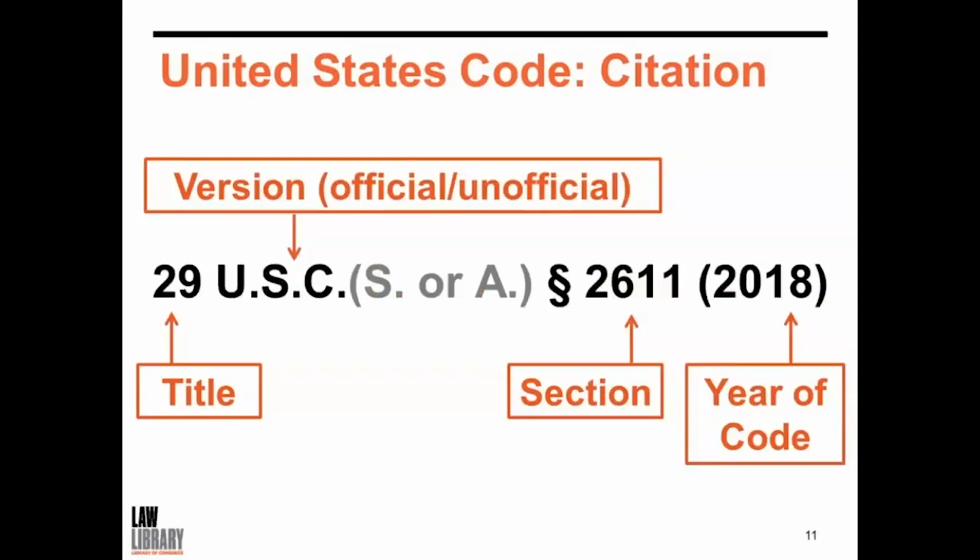Okay, we talk a little bit in this class about citations, just to make sure that you're all familiar with what you might be looking for if you ever see this in the real world. So this slide shows you what a citation to the U.S. Code looks like. Lawyers use a legal citation style guide that's called the Bluebook. The whole title is The Bluebook: A Uniform System of Citation.